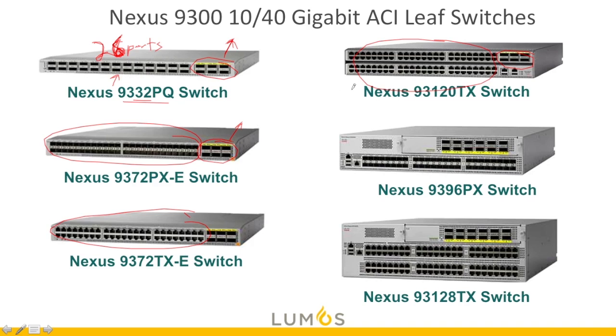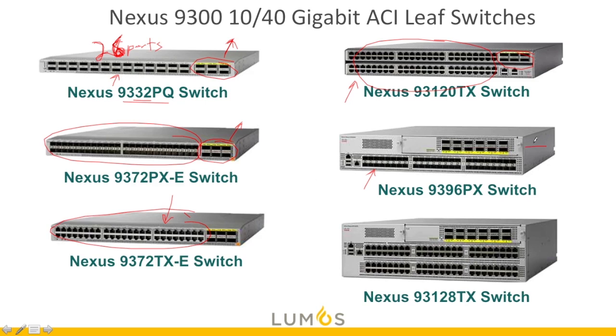And they need to be plugged directly into a pair of leaves. So if you have any of these, which are the 10 gig base T, which are the copper-based interfaces, make sure that you have a pair of leaves that have the fiber-based interfaces. Otherwise, you're going to have a problem plugging in your APIC controller.